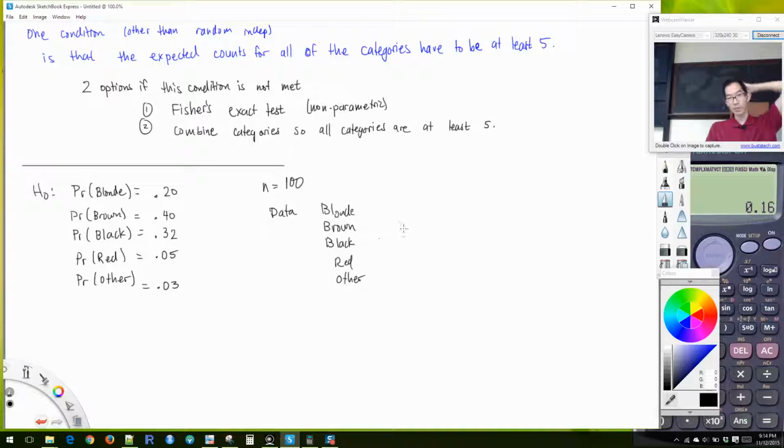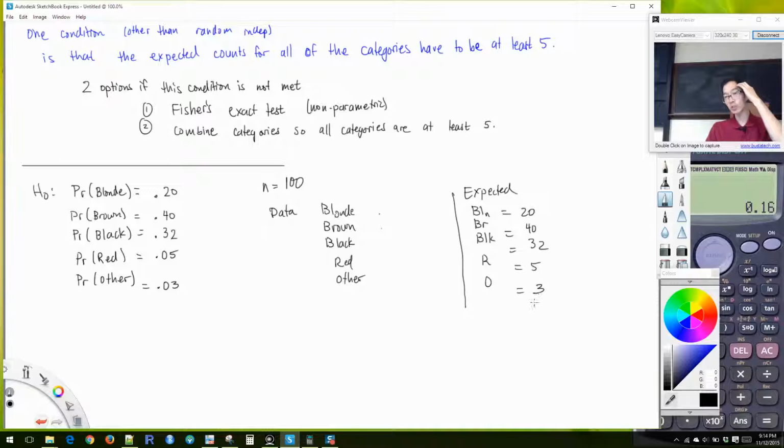So you have your counts, and you also have your expected counts. The expected counts for each of these categories, with 100 people, will be 20, 40, 32, 5, and 3.